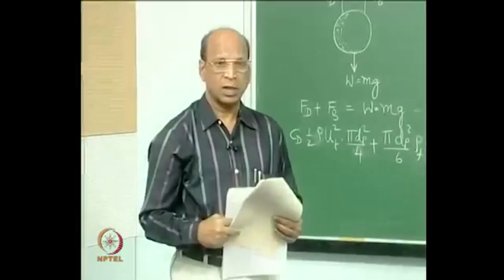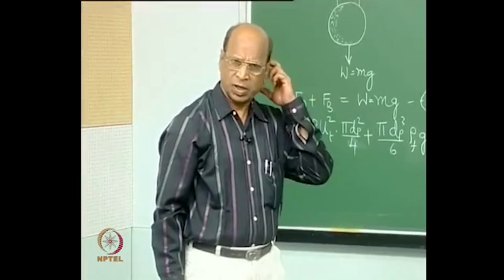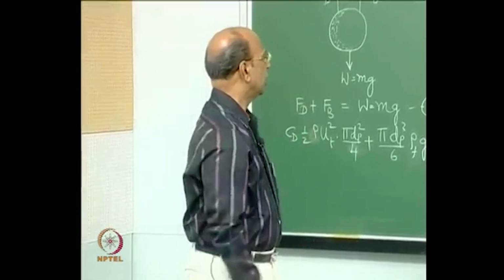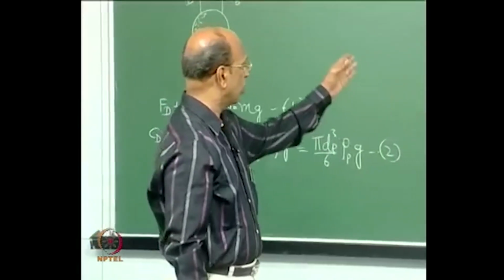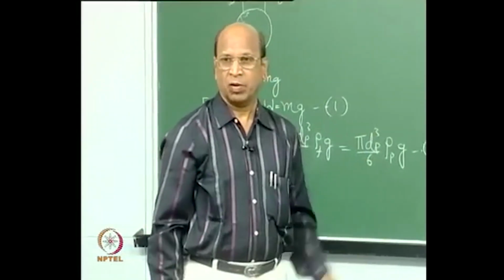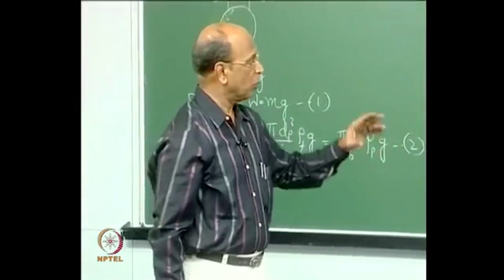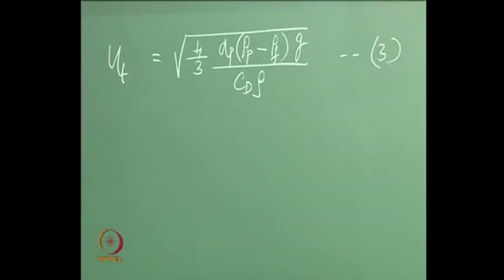If I know Cd, then I can calculate ut for any condition. Again, you have the Stokes law regime and all that; you can derive Cd for each regime, but I am going to give one shot for all. Cd is given by Levenspiel and some other person called Haider, who gave Cd for all regimes together.